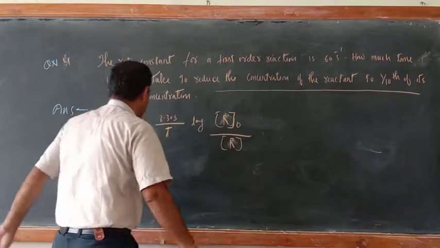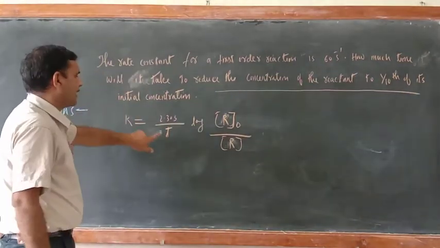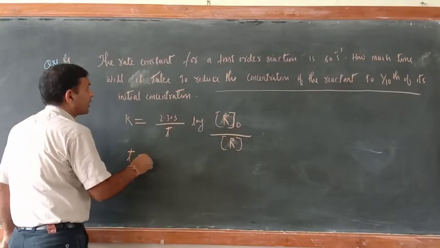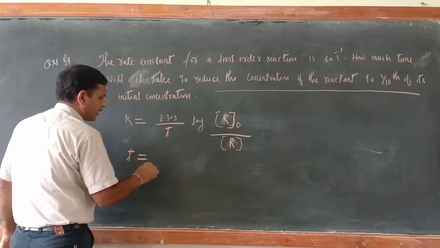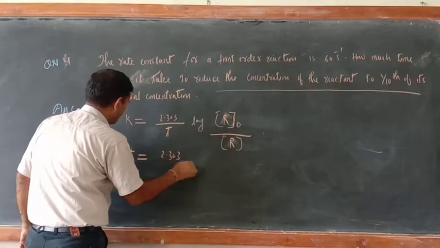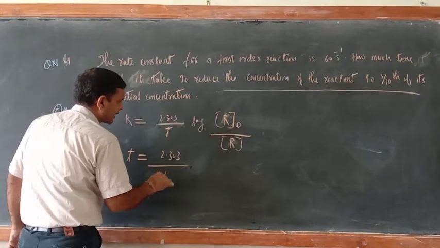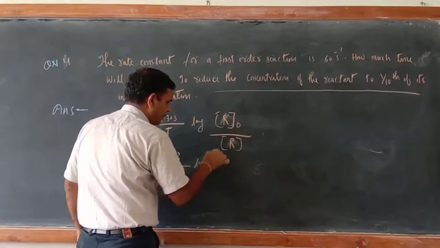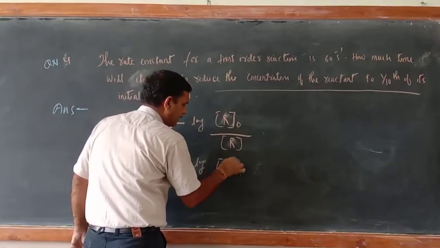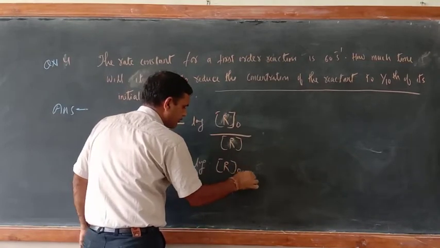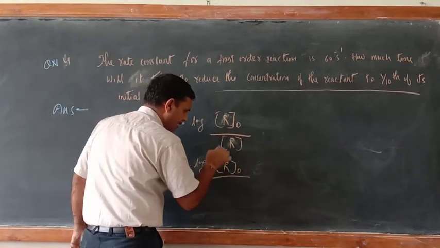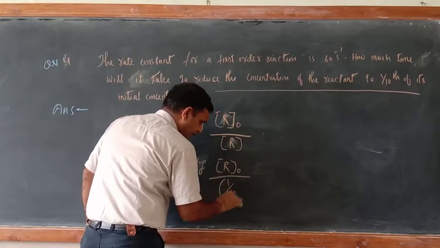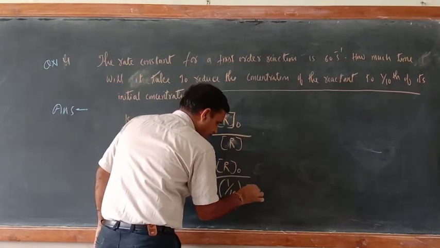The rate constant value is given, so T equal to 2.303 divided by K, log R0 by 1/10 R0.